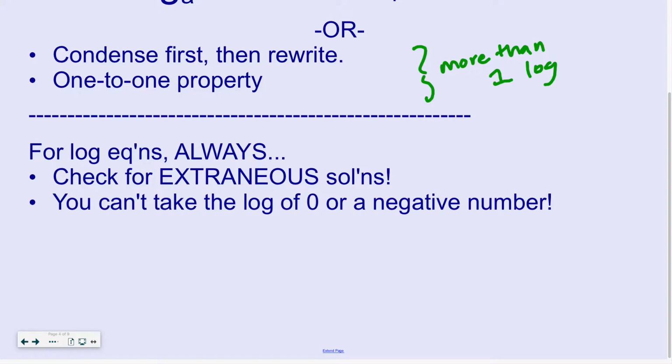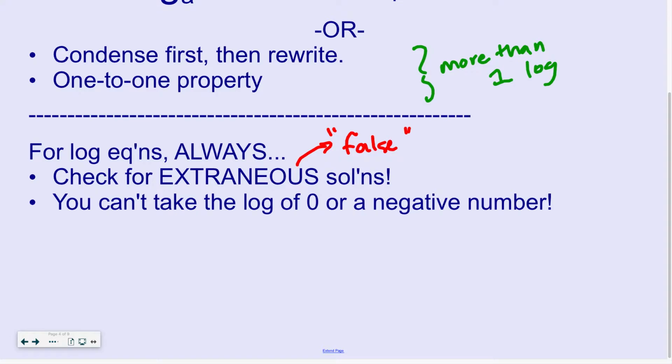Just to review really quickly, I don't think we've talked about it so far this year, but the word extraneous just means false. So it doesn't necessarily mean incorrect. Like, you did your solving right. That is the answer you should get. But when you plug that answer into the equation, it doesn't work. So it's a false solution.